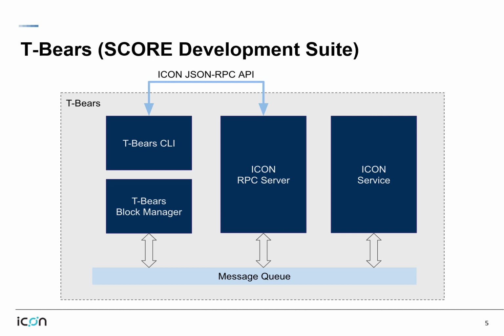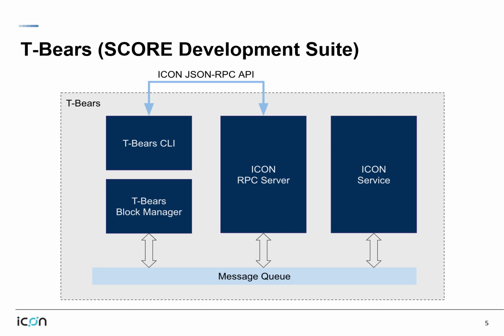Here is the big picture overview of the components of T-Bears. There is an Icon RPC server that accepts JSON RPC requests from various clients like wallets, exchanges, and in this case, the T-Bears CLI client. And there is an Icon service module that is responsible for actual score code execution and management of scores.